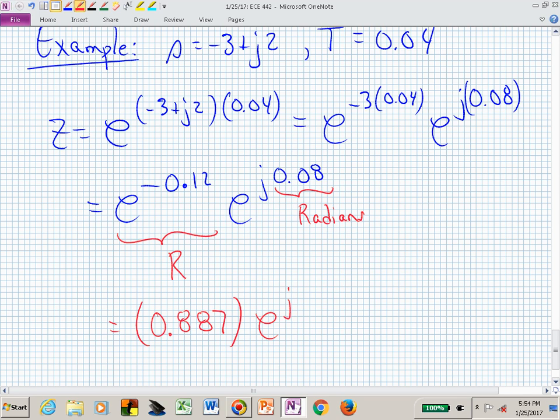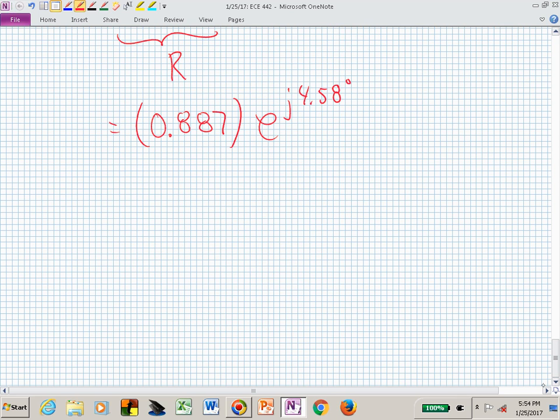If it's a tenth of 60, and 60 was an overestimate of 1 radian. So this is now j of 4.58 degrees. Can you now not draw a complex number that has a length of 0.887 at an angle of 4.58 degrees?